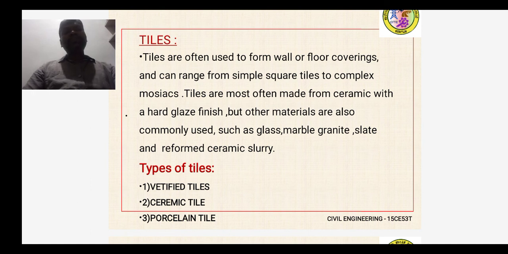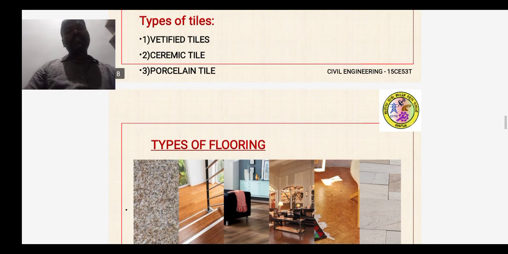Tiles are most often made from ceramic with a hard glaze finish, but other materials are also commonly used such as glass, marble, granite, slate and reformed ceramic slurry. Types of tiles: vitrified tiles, ceramic tiles, porcelain tile.